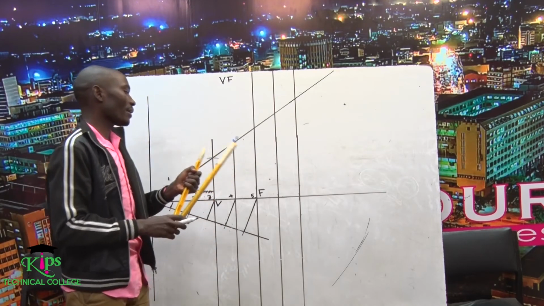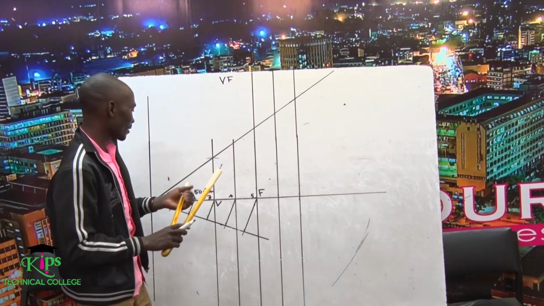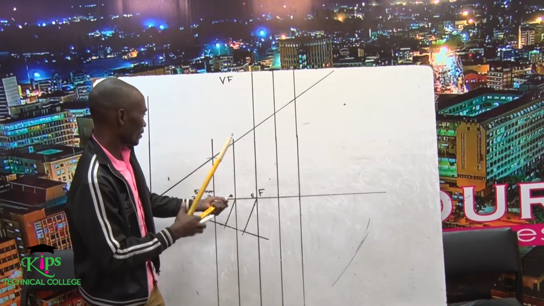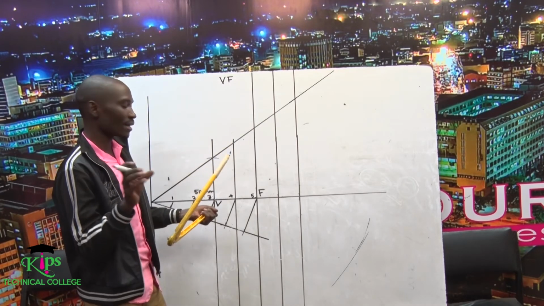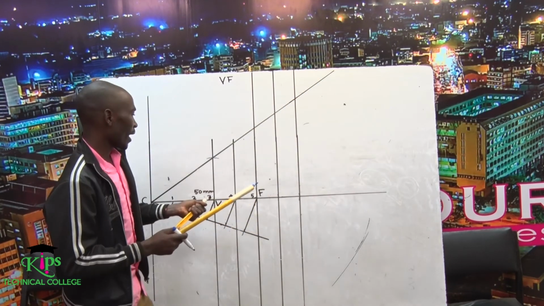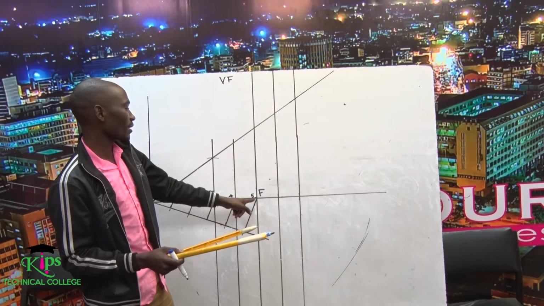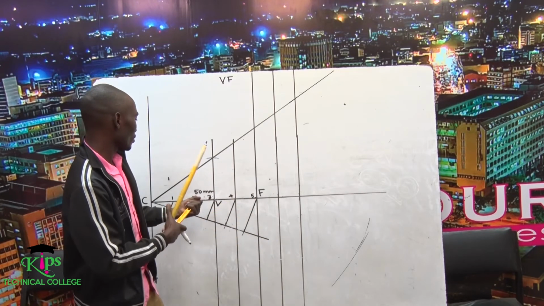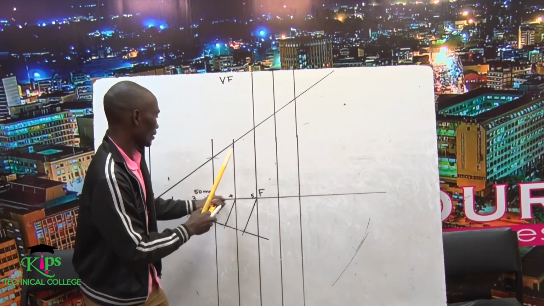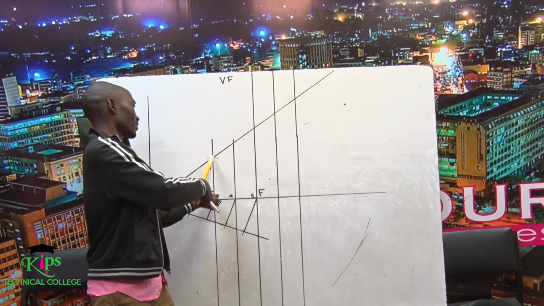Then from there now, I will be using my compass to transfer some measurements over here. So I want you to take note of this. I should just place my compass at any given point, then adjust to this line that I've drawn over here. And all the time I should be stepping at F to make my marks. So let's begin with V, this point.